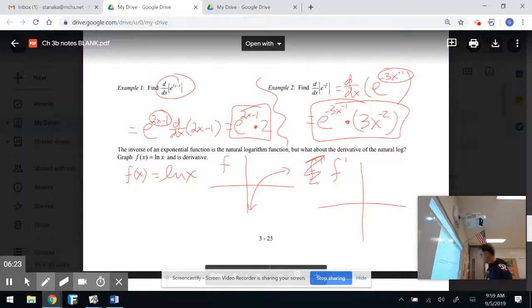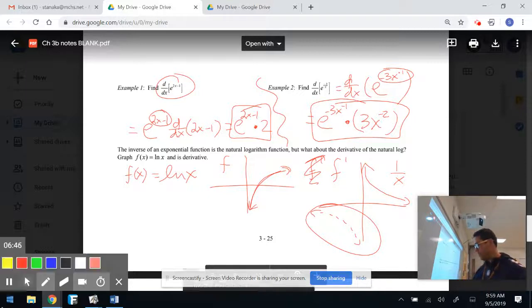What would that look like? Hit pause. Okay, it's always increasing. If it's always increasing, hopefully you got a little graph that looks like that. And that's very similar to another graph, which if I drew both pieces, would be 1 over x, which actually happens to be the derivative of the natural log of x.